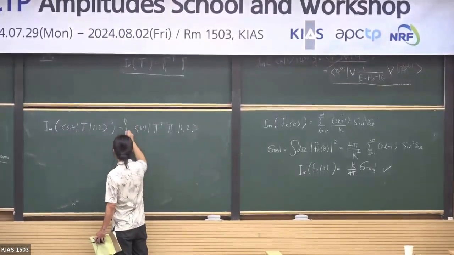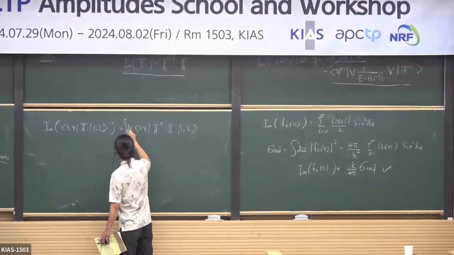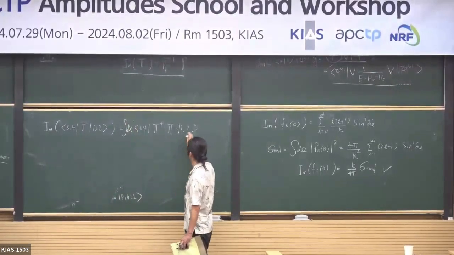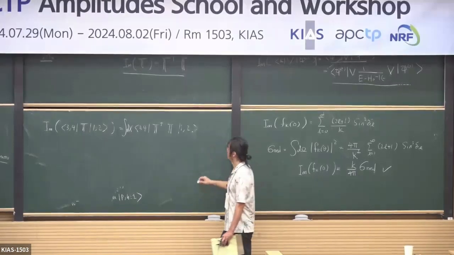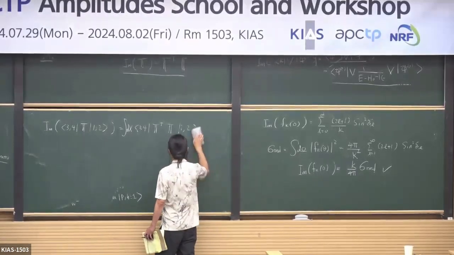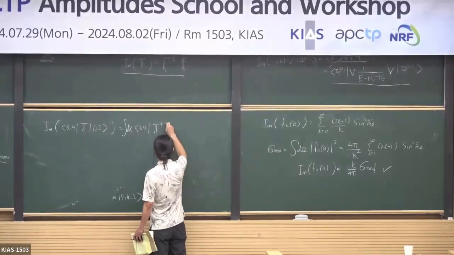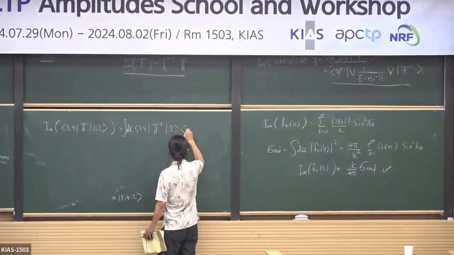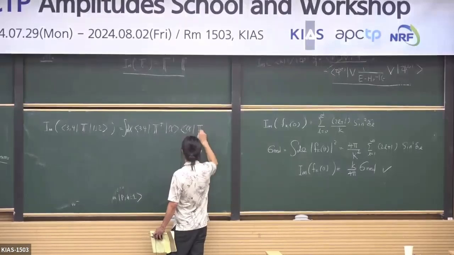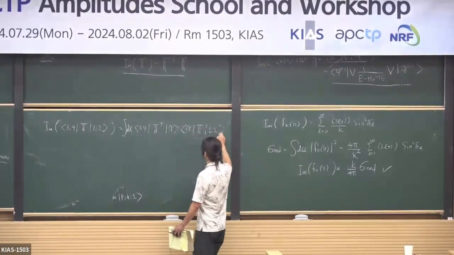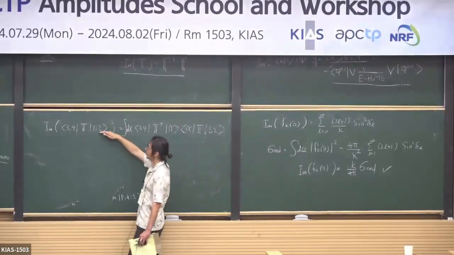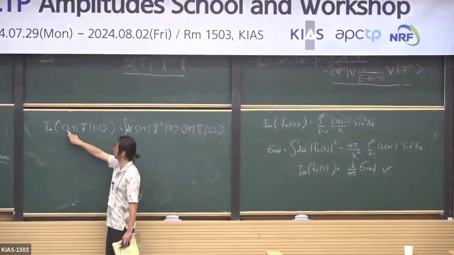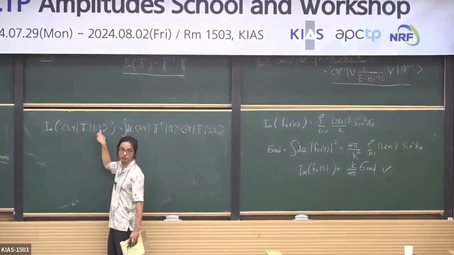First of all, I can insert a complete set of states, let me call it X, meaning I'm inserting the complete physical states in the middle, which becomes <3,4|T dagger|X><X|T|1,2>. And then I consider the forward limit. What does forward limit mean? It means I have 1, 2 coming in, 3, 4 going out, and I identify 3 with 1 and 4 with 2.